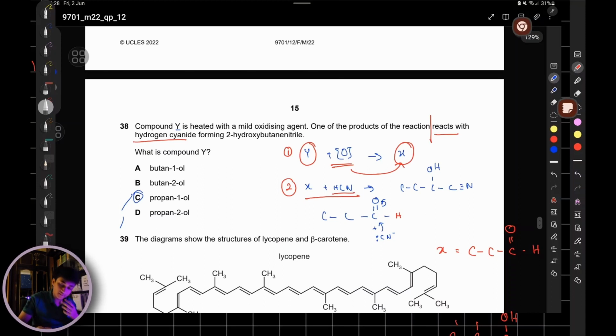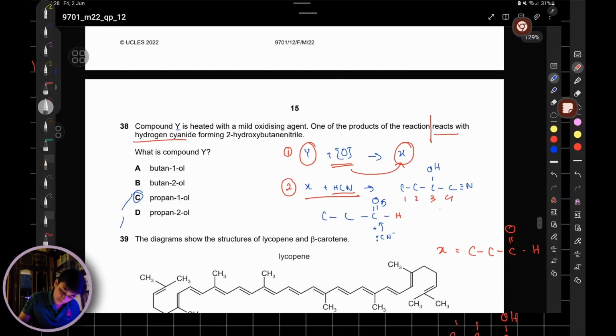After the reaction between the product of the first reaction and hydrogen cyanide, we get 2-hydroxybutene-nitrile.